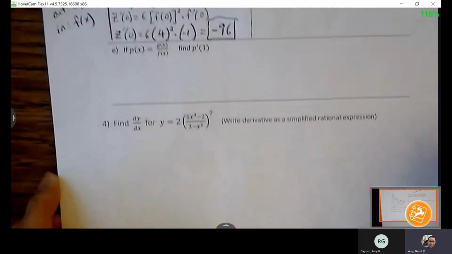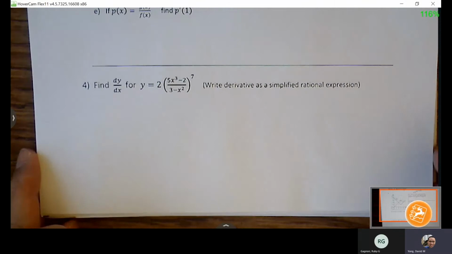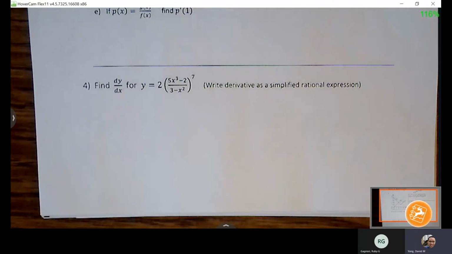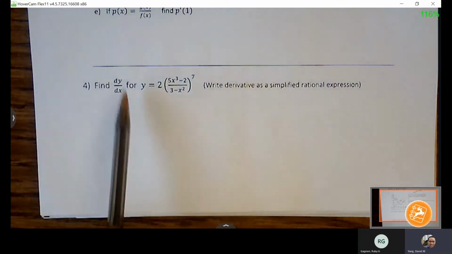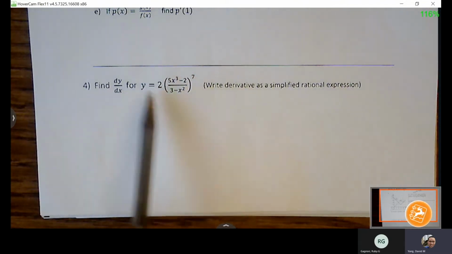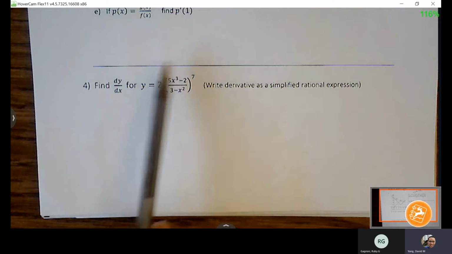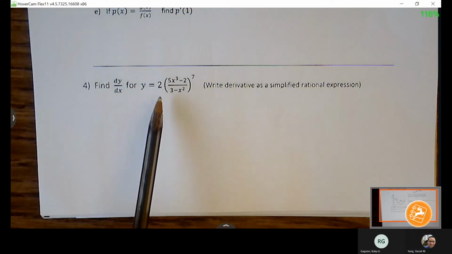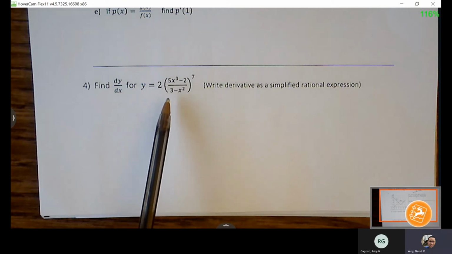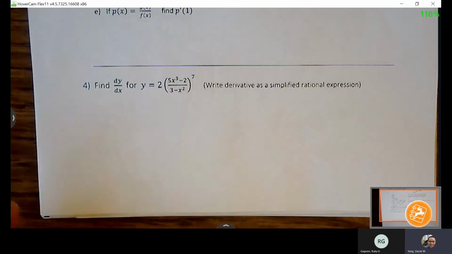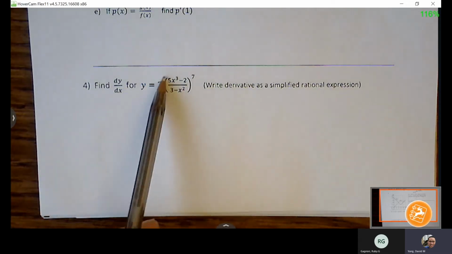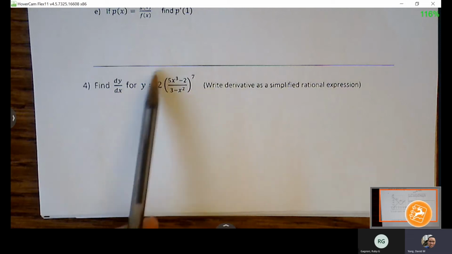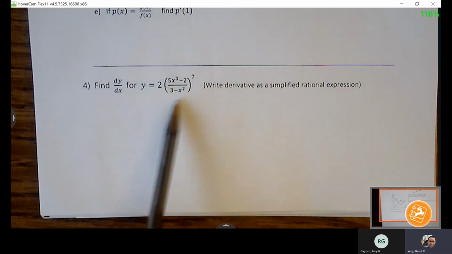All right, number 4. Find dy/dx. This is a messy looking problem. What rules are involved when we want to find the derivative? Quotient rule and chain rule. Okay, and when you are deciding which rule to apply first, look at the set of parentheses. The parentheses is over most of the problem. That tells you that chain rule is going to come first.